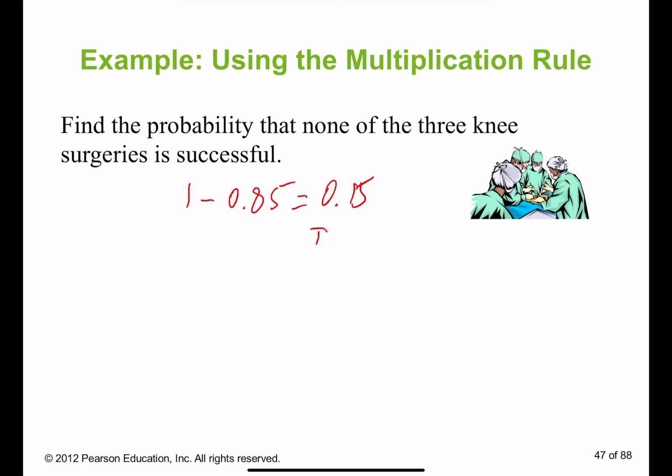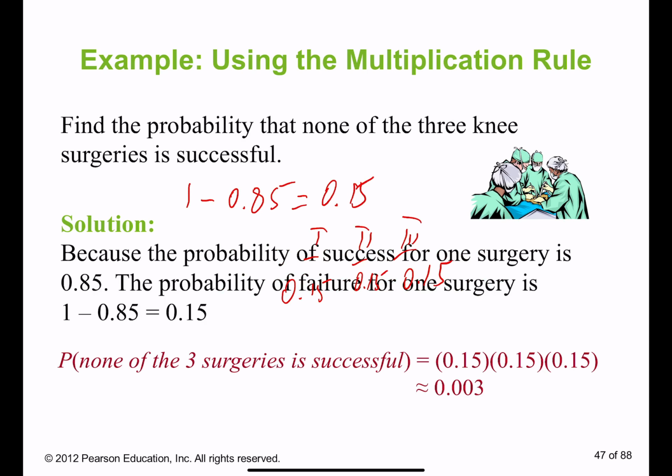So for all three, first surgery, second surgery, third surgery, it's going to be 0.15, 0.15, 0.15. And the result is going to be all three multiplied, because the first one is not successful, and the second one is not successful, and the third one was not successful. I would fire such a surgeon. So we get 0.003, which is approximately 0.3%.